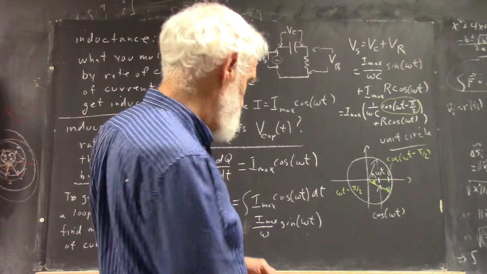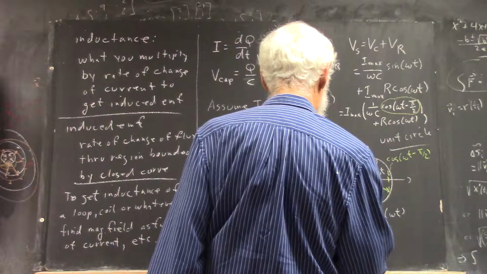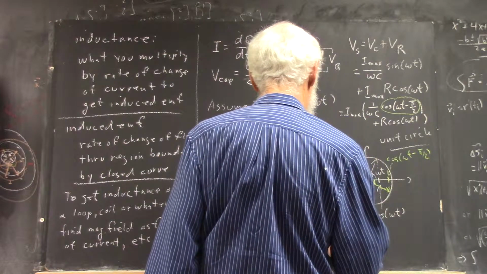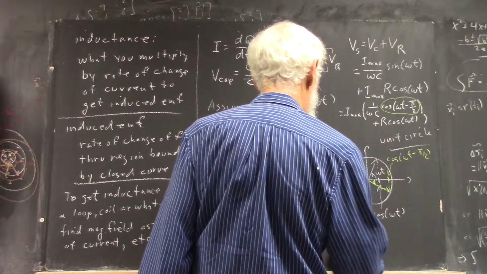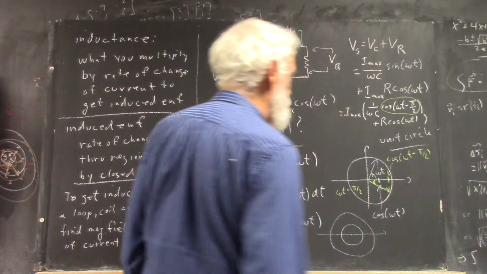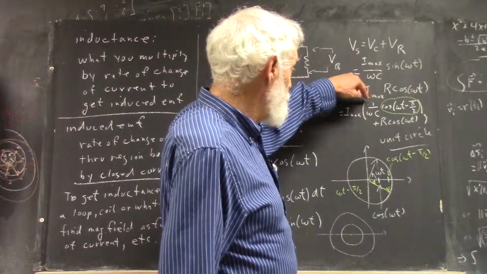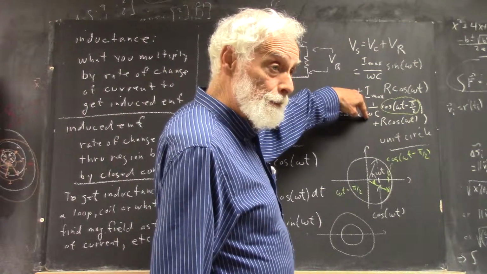Well, this is going to give us a picture like this. You got two circles. One has radius R, one has radius 1 over omega c, and let's leave I max out of it.